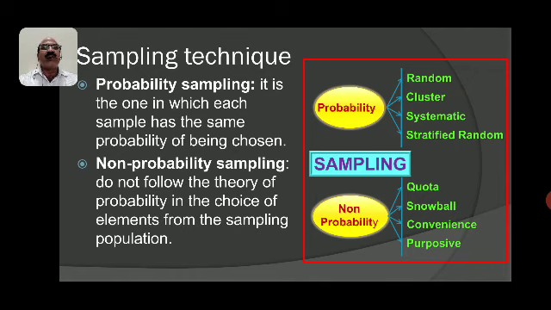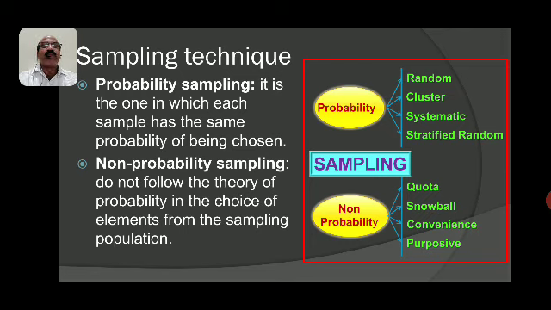But in non-probability, it's not that. I like you, I will pick you up. He likes this place, so the sample will be from this place. He likes this occupation group, he will take the samples from that. That means all have no equal chance to be picked up as a sample.